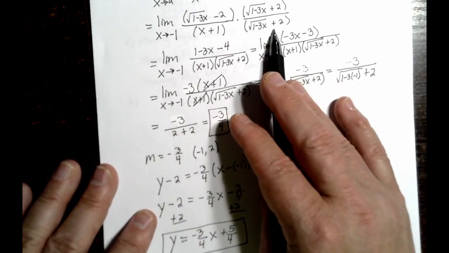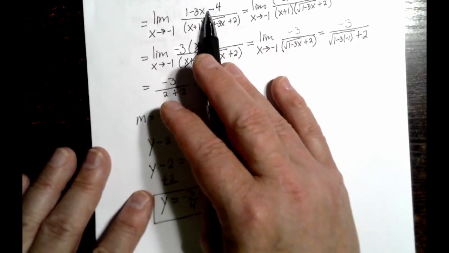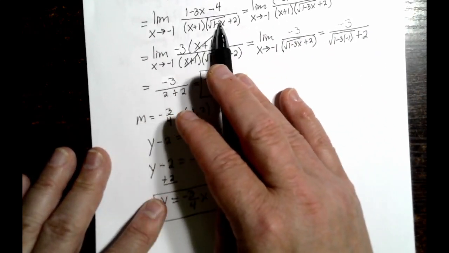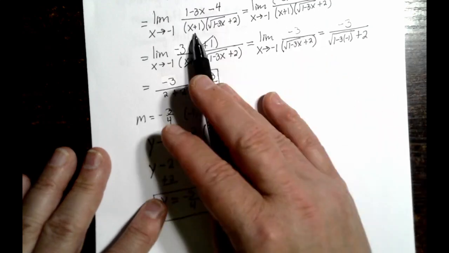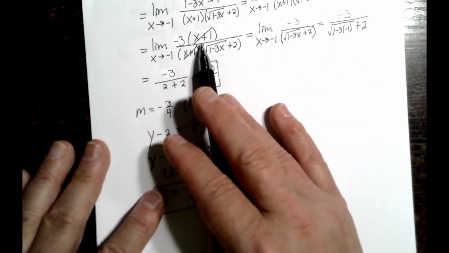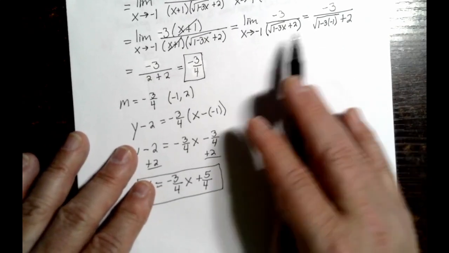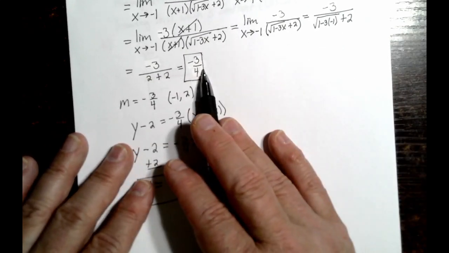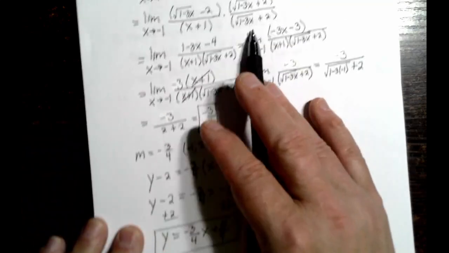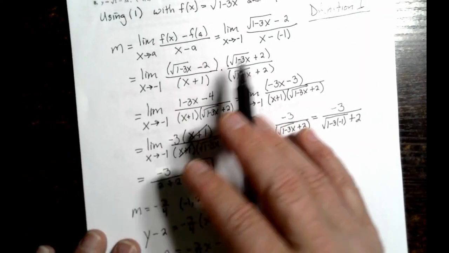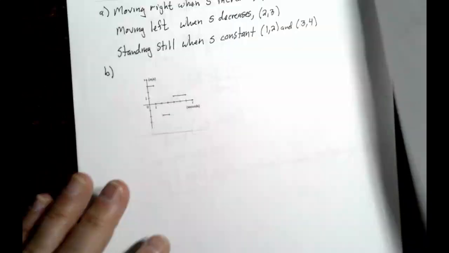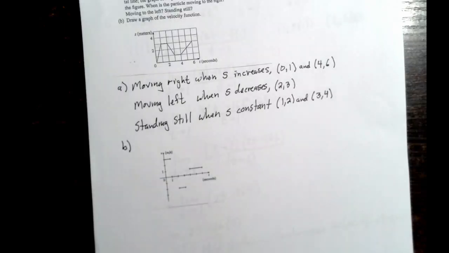So you have to multiply by the conjugate top and bottom. When you do that, it simplifies down to here. If you factor out a minus 3 and x plus 1 will cancel, now you can do direct substitution and you're no longer dividing by 0 and you get an answer. This is dramatically harder than when you do the difference quotient. The difference quotient is a simpler way to do it.